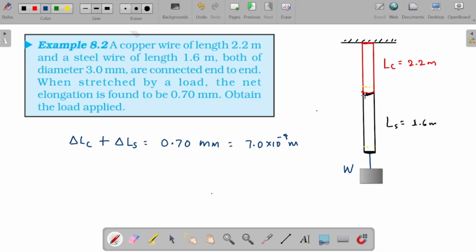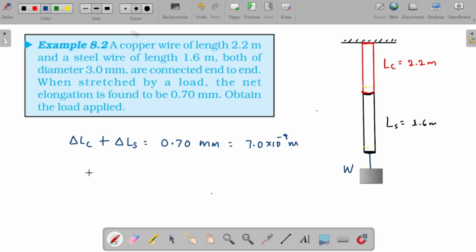So one thing, if we are considering that the weight of these two wires is much lower compared to this weight, we can think that the tension produced by this weight will be the same across the wire, meaning the same across this system of these two wires. So we can say that the tensile stress in these two wires will be the same.